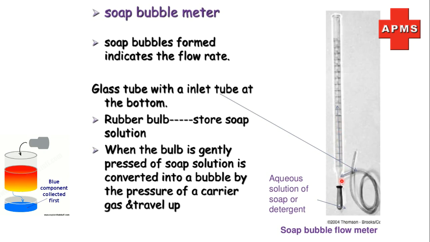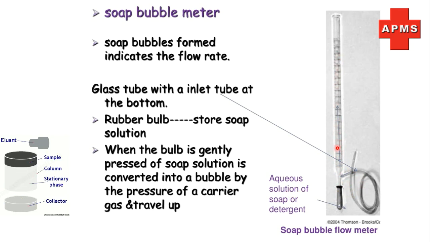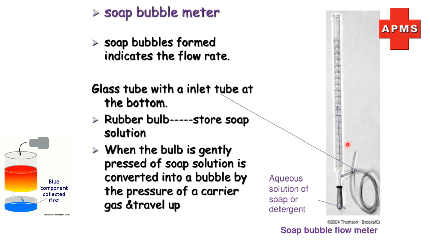Okay, inside this tube. Then as the gas is flowing upside, these bubbles or soap layers move upward, and this tube is already graduated and marked, and we may see the flow by measuring the speed.